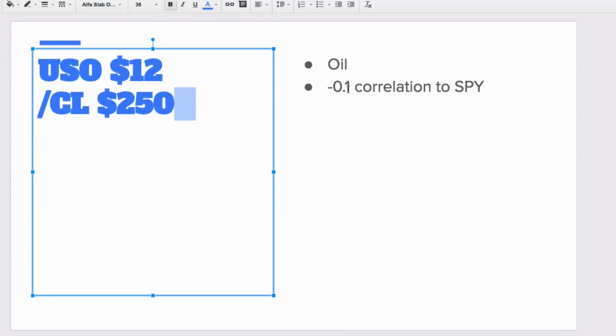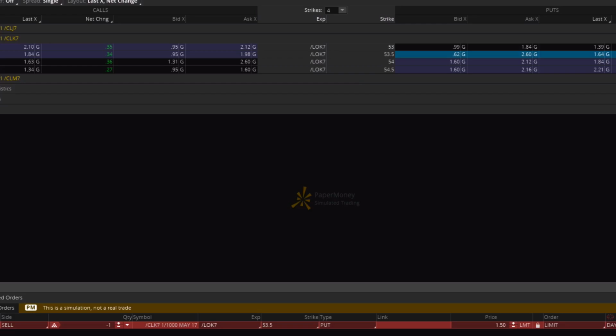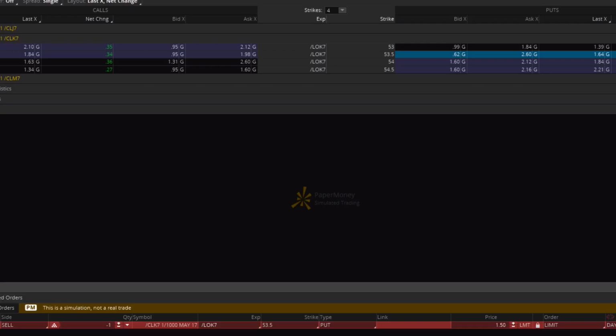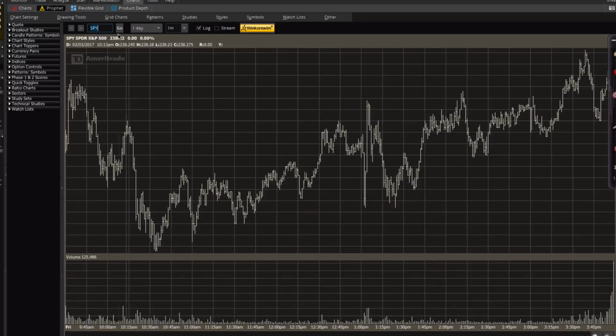USO, the oil, tends to have a negative 0.1 correlation to SPY, which means it's not correlated, which is great. That means you can just do trades in it. It does its thing. It's not generally affected by the overall market. Let's take a look at its chart here in Thinkorswim. And what has happened to my charts?